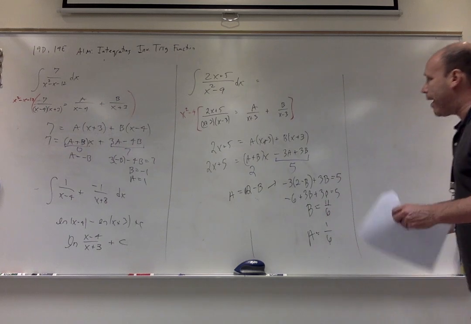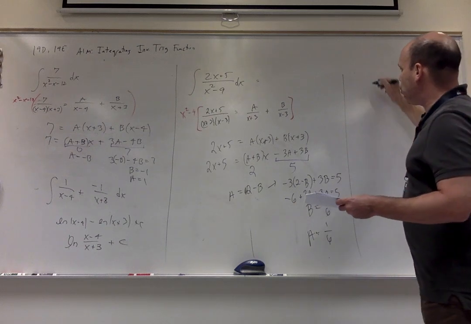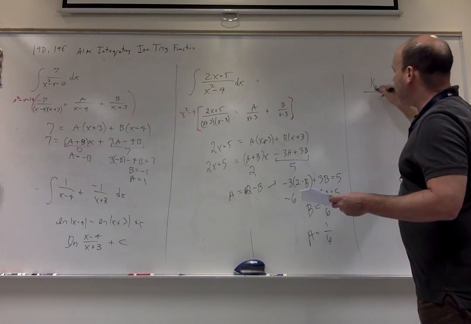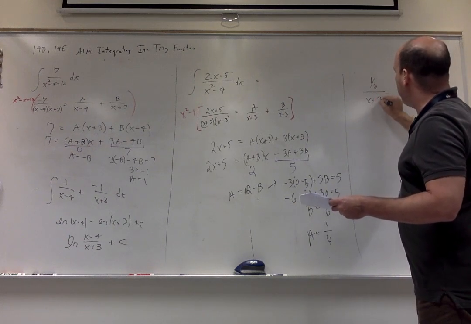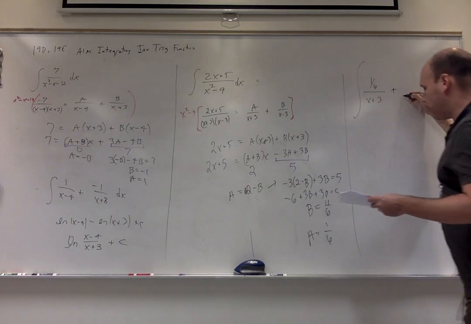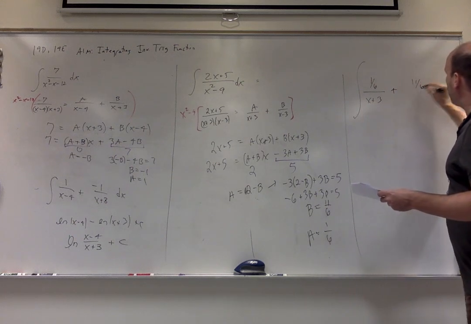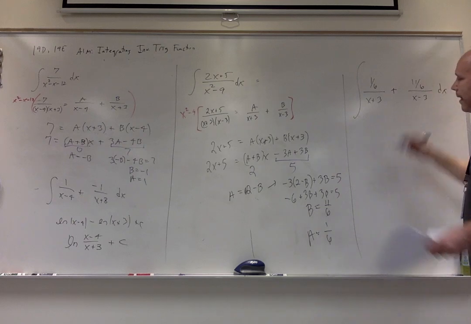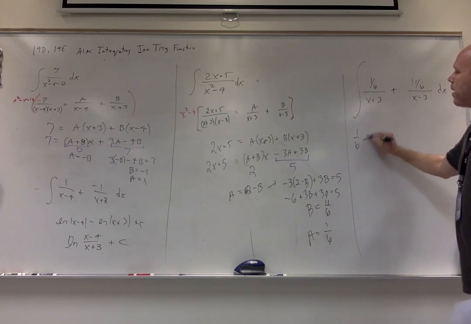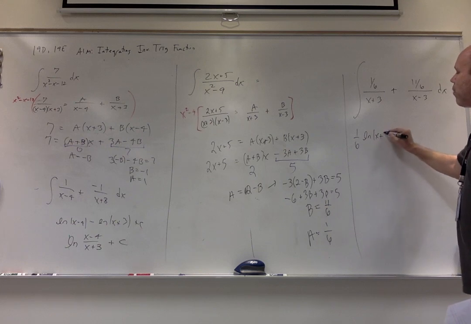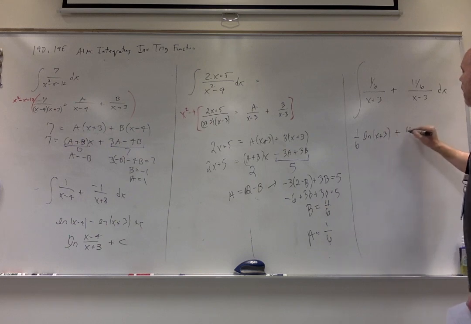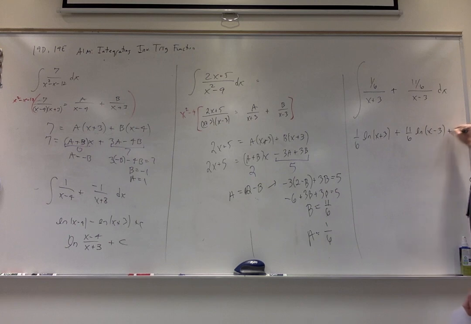And then we get the final breakup, which is 1 over 6 divided by x plus 3 plus 11 over 6 over x minus 3 dx. Final answer: 1 over 6 ln of x plus 3 plus 11 over 6 ln of x minus 3 plus c.